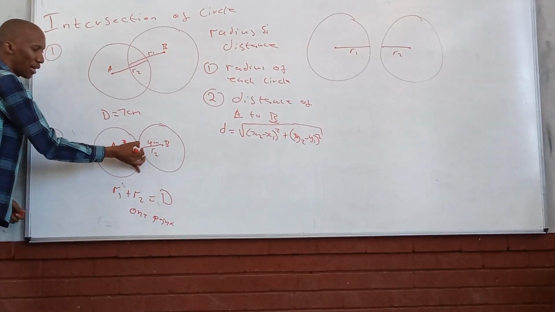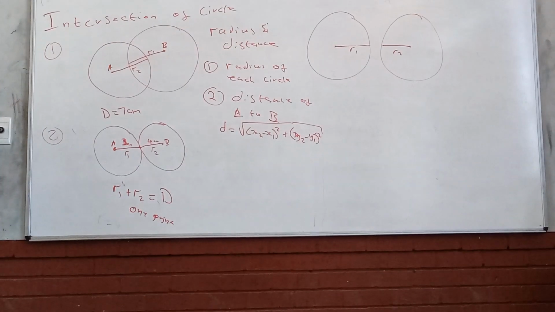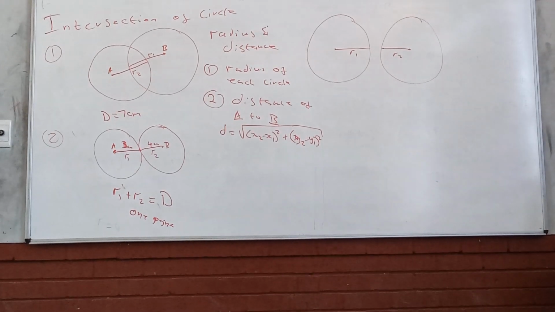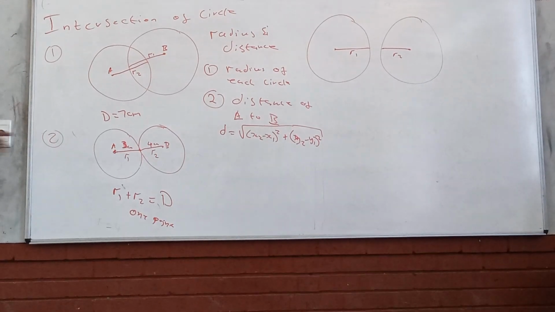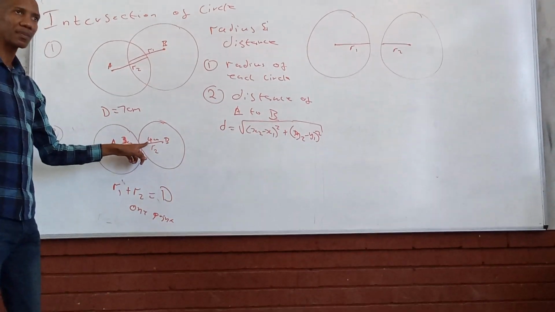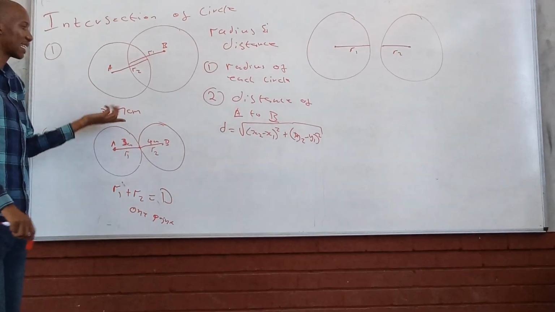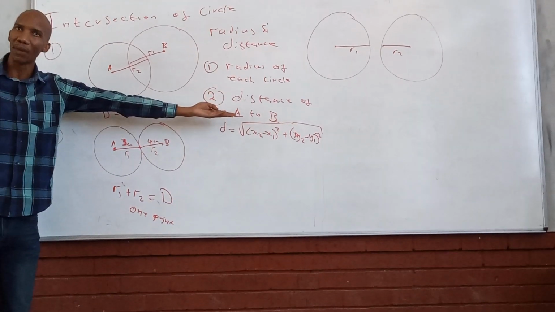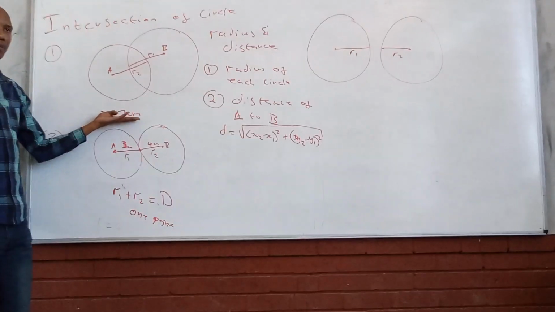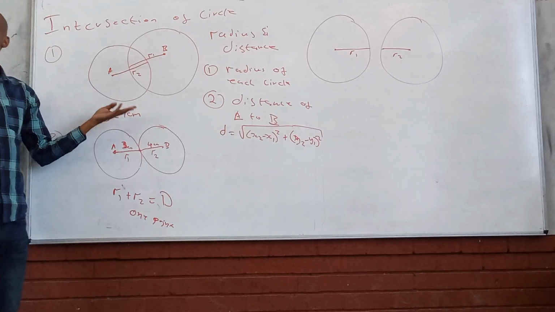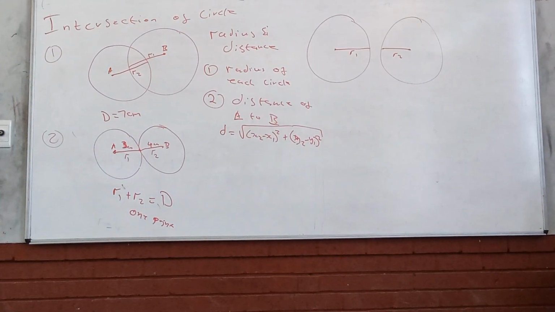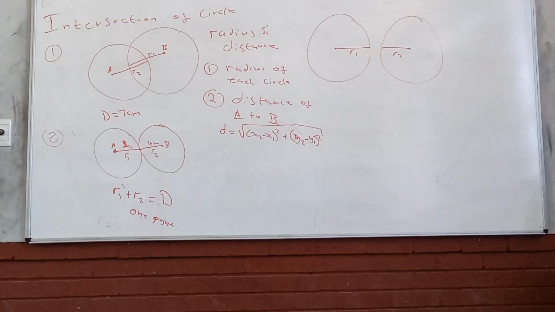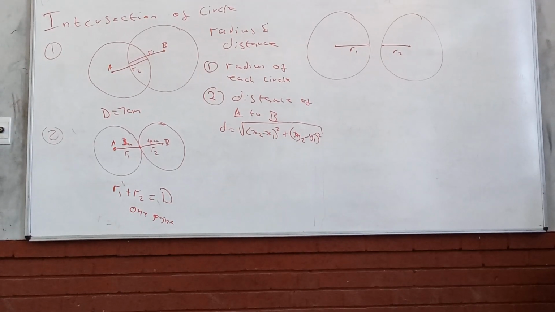They intersect at only 1 point, because my distance and the sum of the radii are exactly the same: 3 plus 4 is 7.